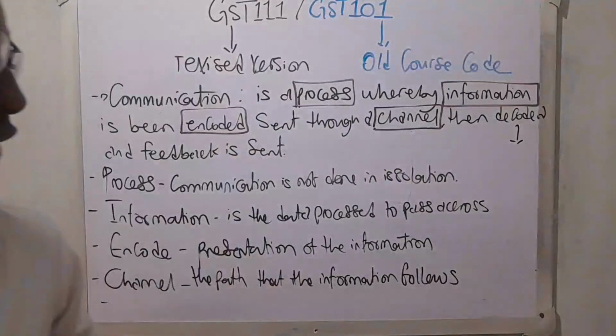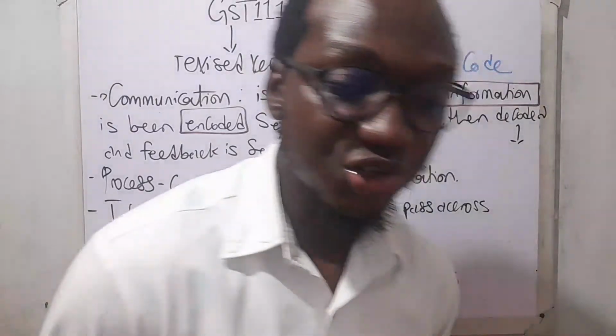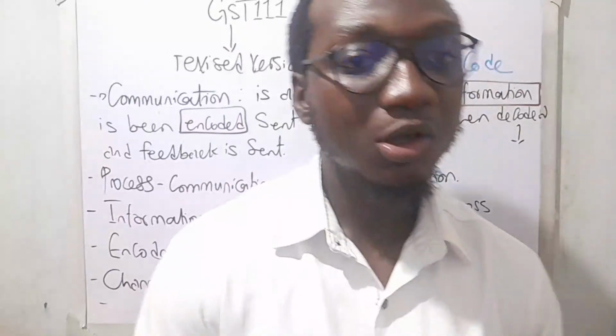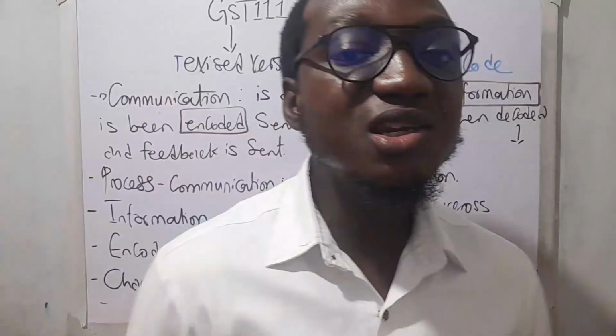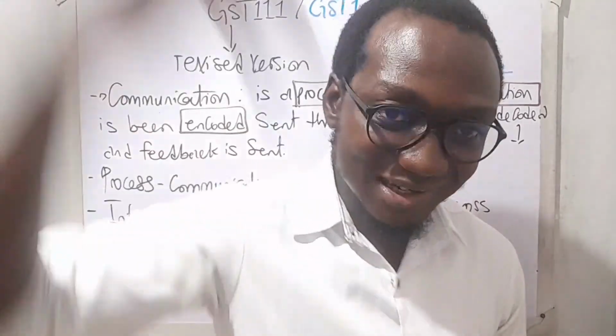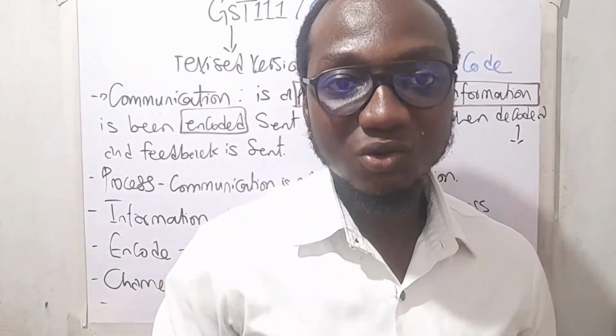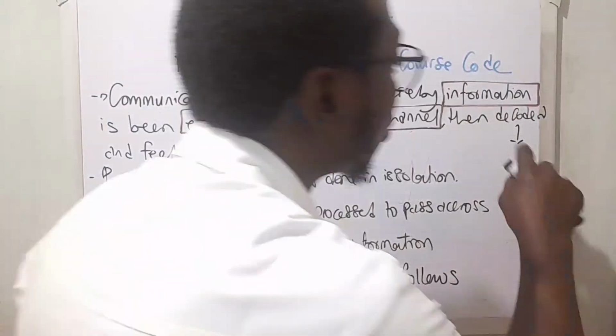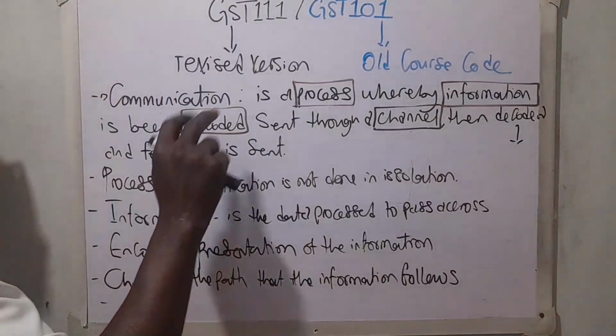So with the help of the dish, you get the signal, and once you get the signal, you need the decoder to help you decode the signal. That is the job of the decoder. It decodes what has been encoded in that signal.